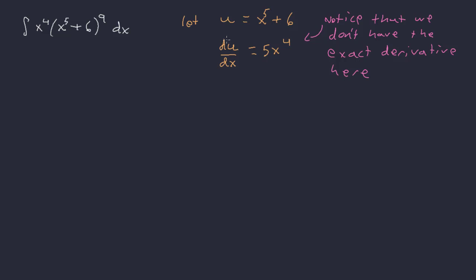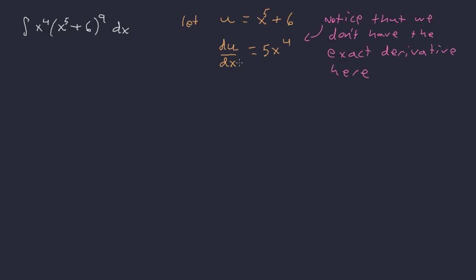I have du by dx is equal to 5x to the 4th. I'm going to move the dx over here and everything else over here. Now, if you've been taught this material before, this may not be what you were taught to do, but it's going to work, and I'll show you how.